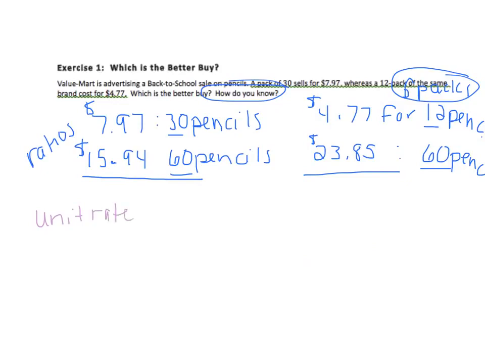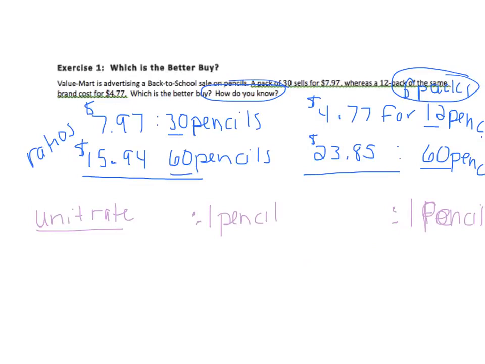You could compare per one. Remember, the unit rate is per one. So you can do some division to figure out how much would it cost for one pencil. That's the unit rate per one for one pencil. So we could divide, if it's $7.97 for 30, how much would it be for one?